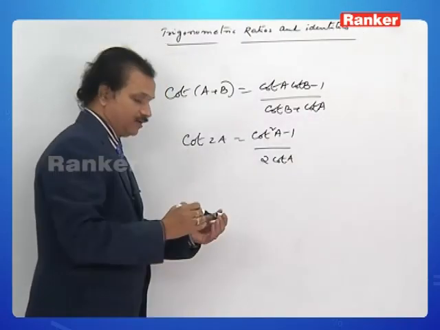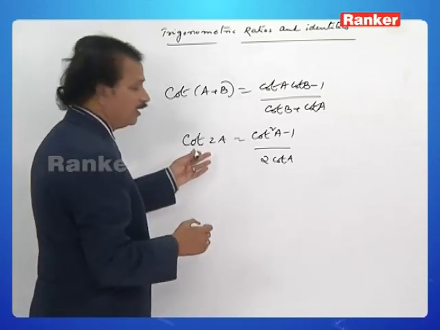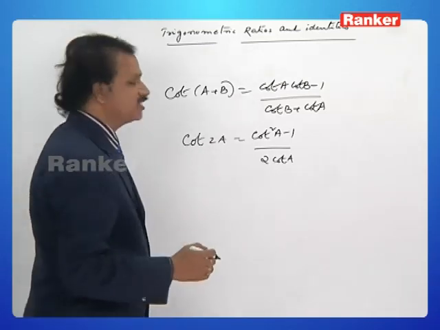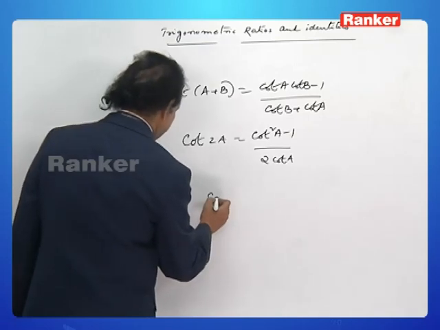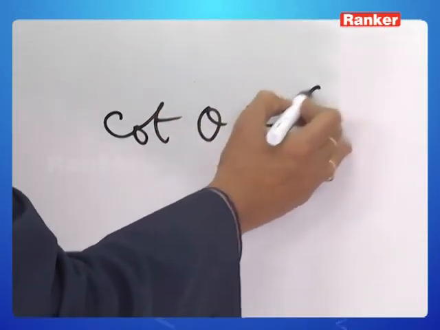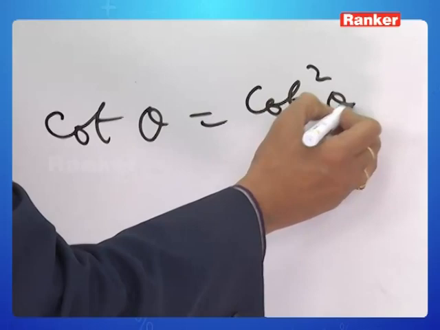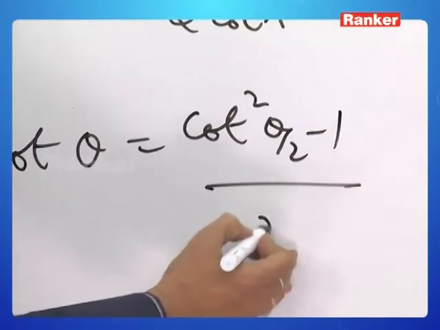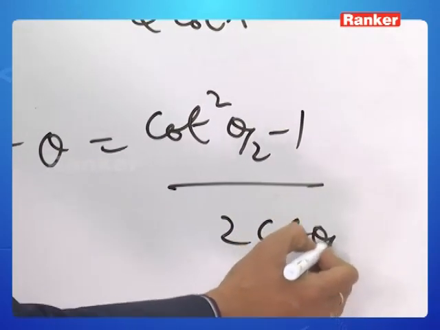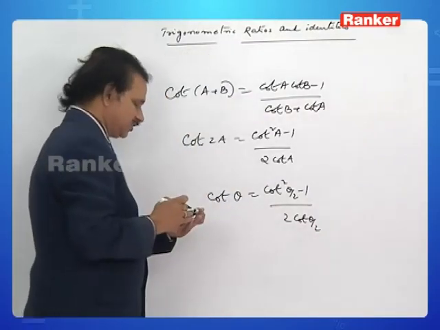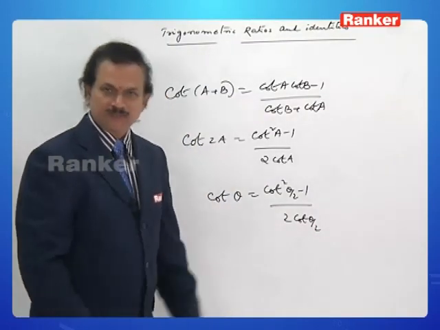And similarly, if you replace a by theta by 2, what do you have? Cot theta is equal to cot square theta by 2 minus 1 by 2 cot theta by 2. This is about the formula regarding cot theta.